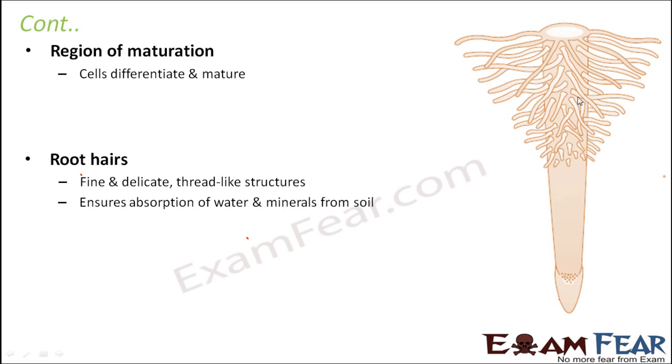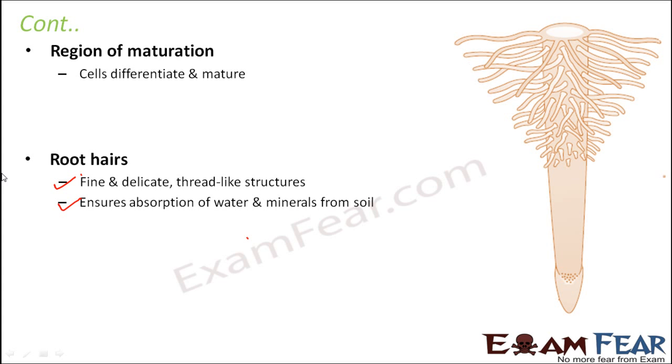So some epidermis tissue will form the root hair. So these are fine and delicate thread-like structures. They ensure absorption of water and minerals from the soil. So since they are very thin, they are very good in absorbing. So they will absorb water and minerals. And these root hairs will help in absorbing water and minerals, which in turn will be transported to the rest of the plant, which will help in their growth and development.